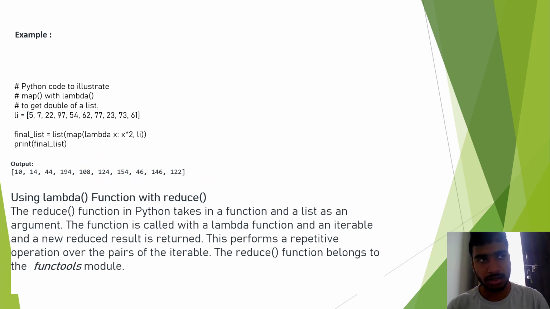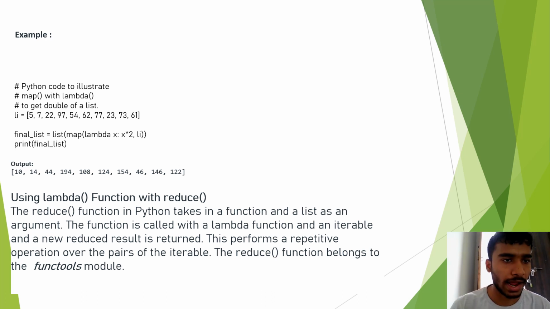The first built-in function was filter. Now we are seeing the second built-in function, that is map. In the example of map, we have taken a list of several numbers. Final list is equal to map(lambda x: x * 2, numbers).